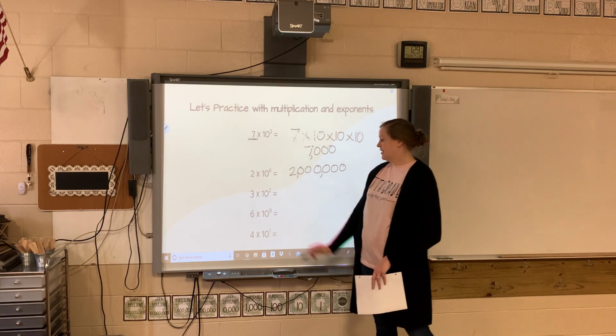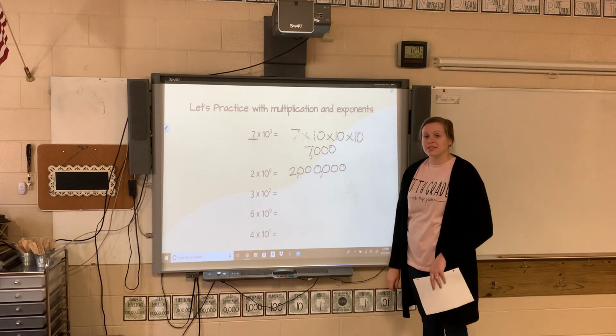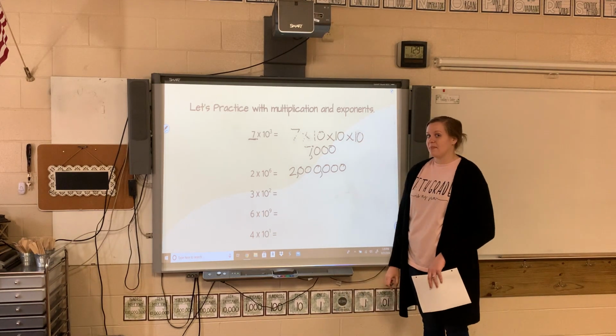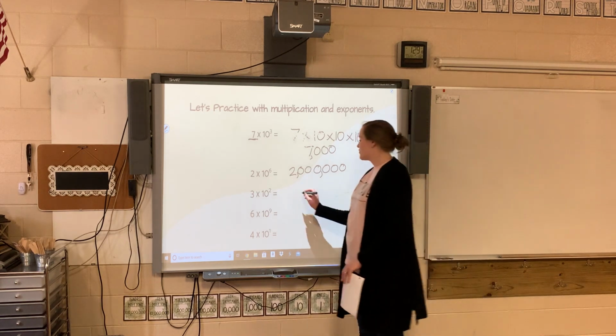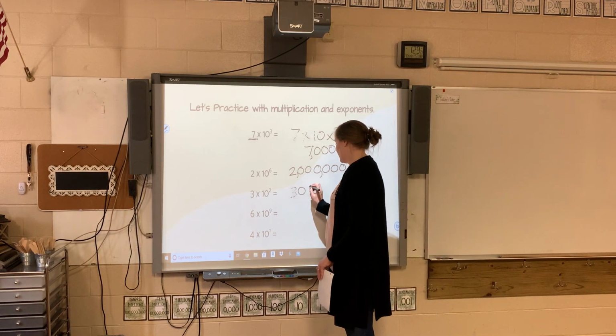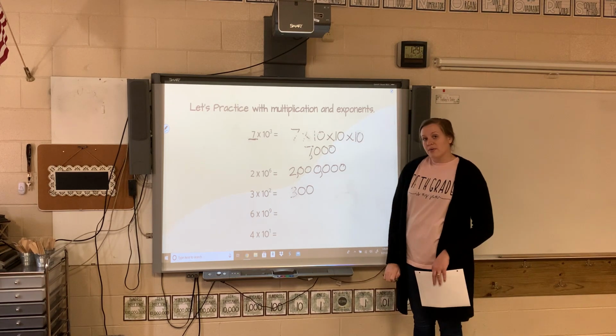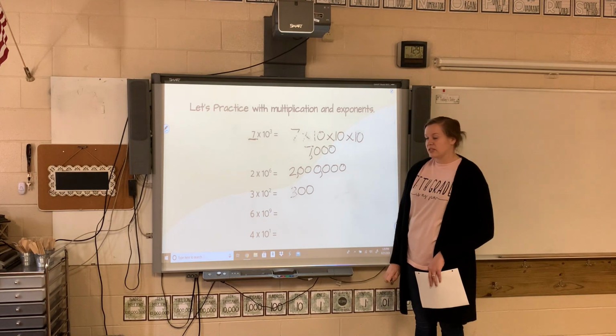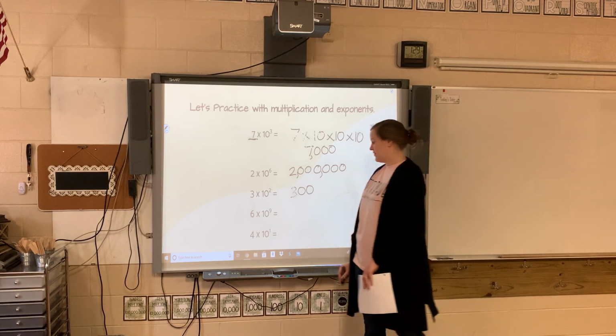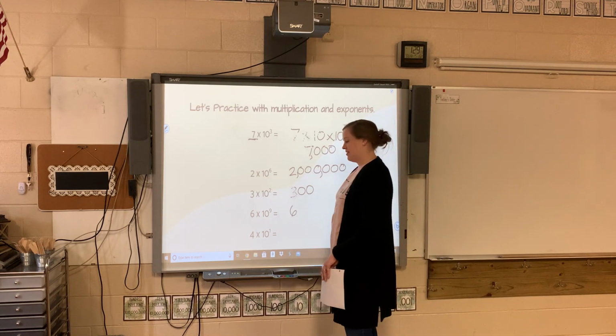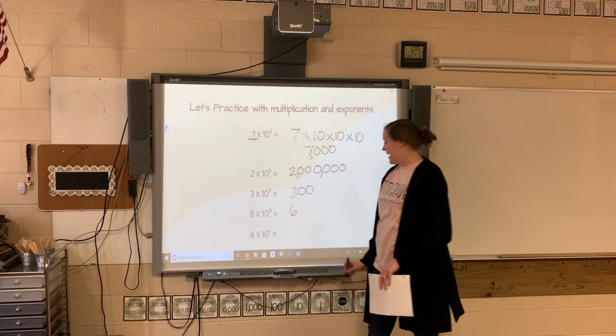3 times 10 to the second, or 3 times the second power of 10, is going to be 300. 6 times the 9th power of 10, how many zeros is going to be on 6? 9.